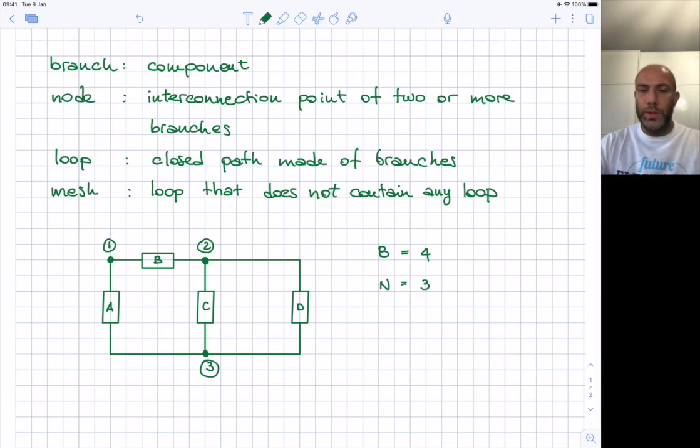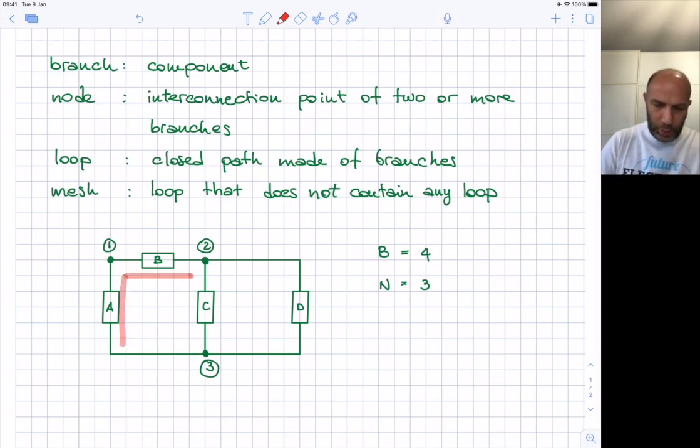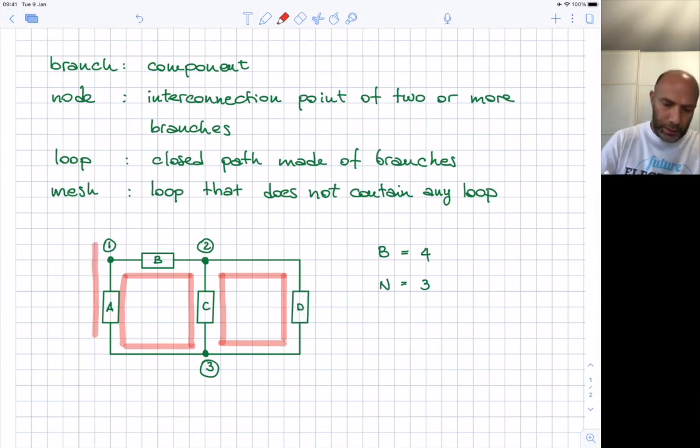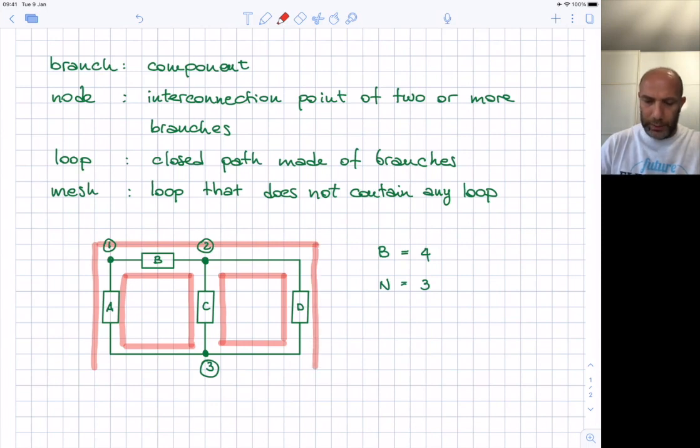Then, if we consider loops, we have one loop made by the components A, B, and C, one loop made of the components C and D, and finally one outer loop made by the components A, B, and D. So the number of loops is 3.